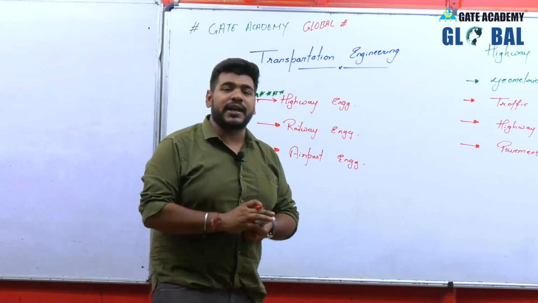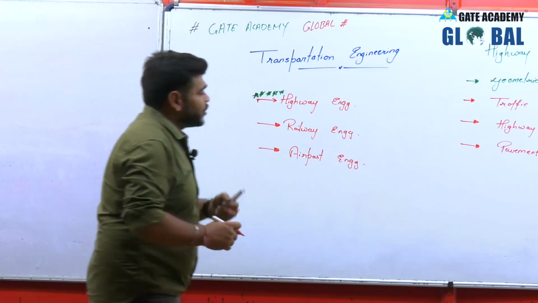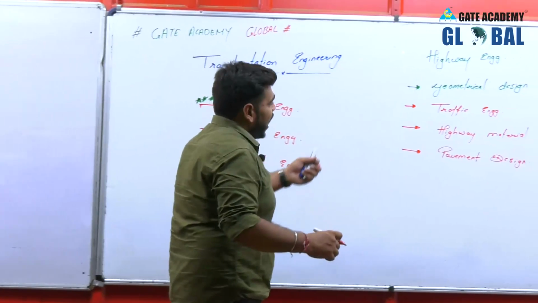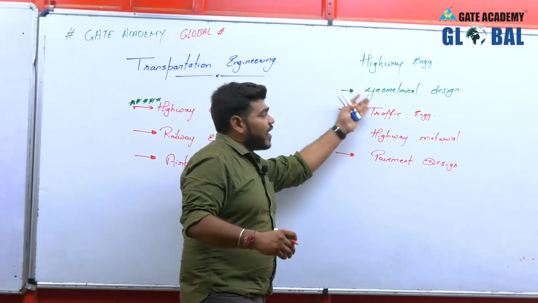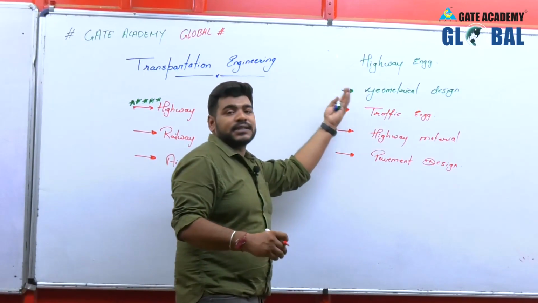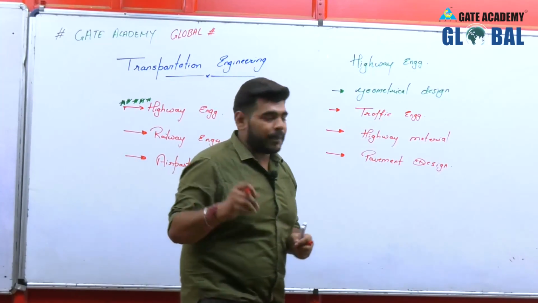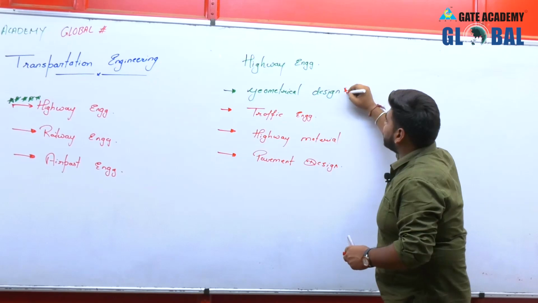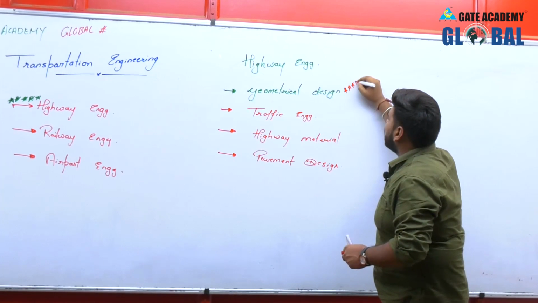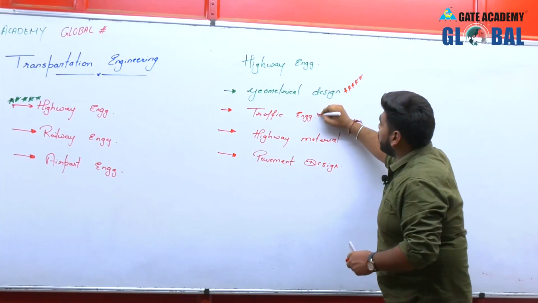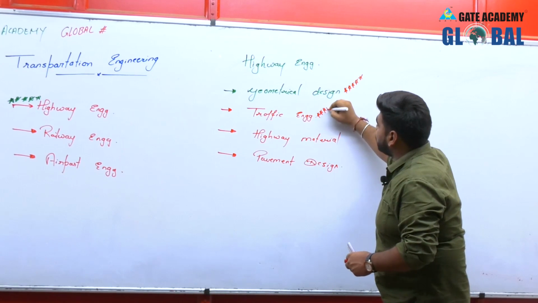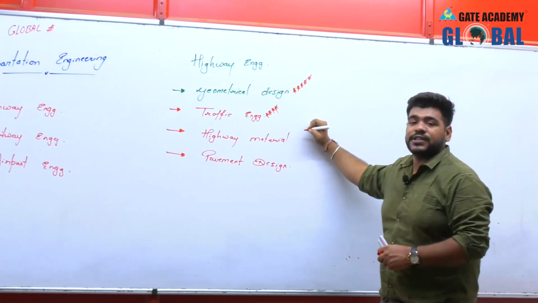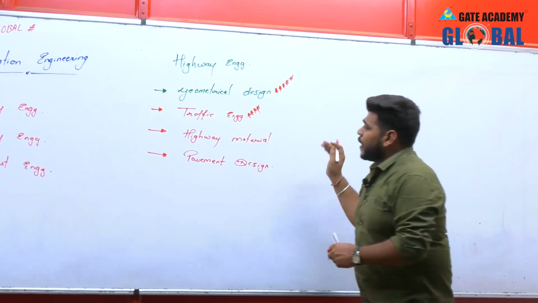So we are going to discuss highway engineering, and we bifurcated our syllabus into these 4 important parts. Out of these 4 parts, geometrical design and traffic engineering are the most important parts, so we are going to discuss these 2 topics in great depth.